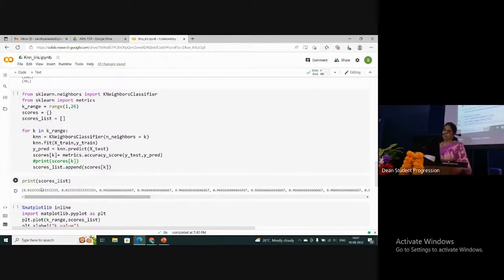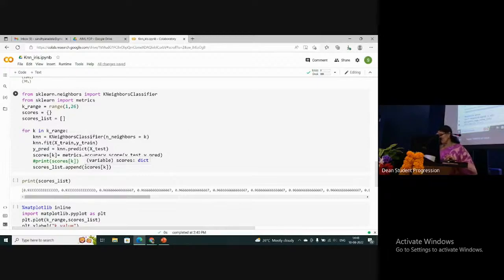In Sklearn, I already have KNeighborsClassifier, which implements k nearest neighbor. I'm importing the KNeighborsClassifier here, and then I'm mentioning the k range. I'm trying to take the k value from 1 to 26. That's a huge range. So for k being 1, k being 2, k being 3, I'm trying to apply my k nearest neighbor classifier.